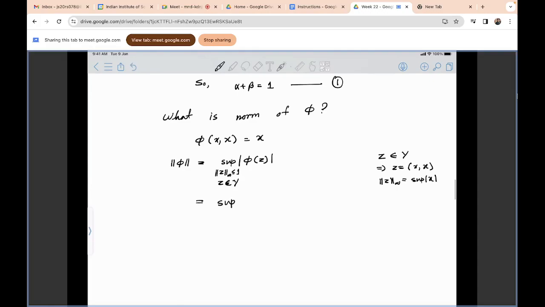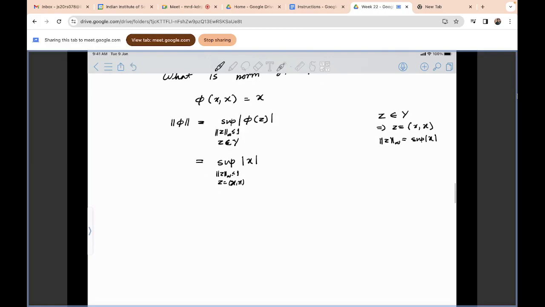Because z is from the unit ball, if the sup norm of z is less than 1, it means the supremum of mod x is less than 1, right?